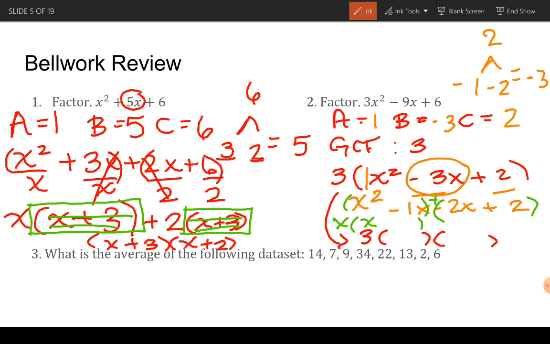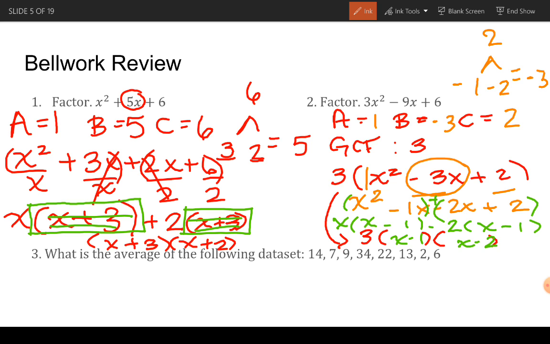And when I divide -1x by x, I get a -1. And I can divide my second two terms by -2, so I'm going to take out a -2. And when I do that, I'll get x minus 1. So my factors would be x minus 1 and x minus 2. So here is our answer.